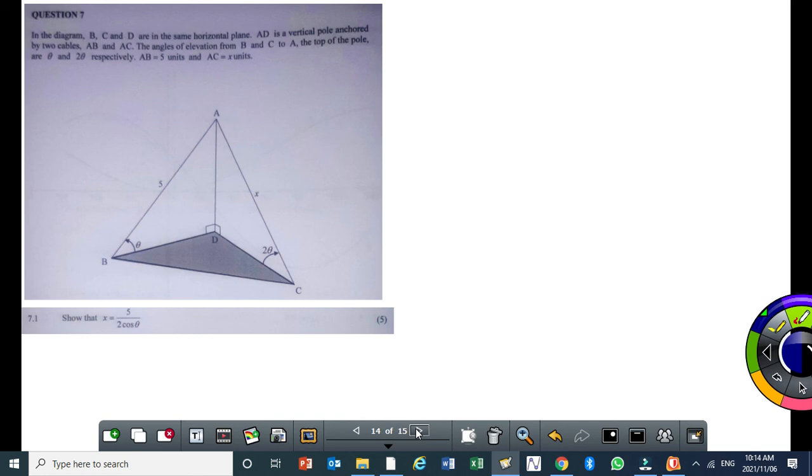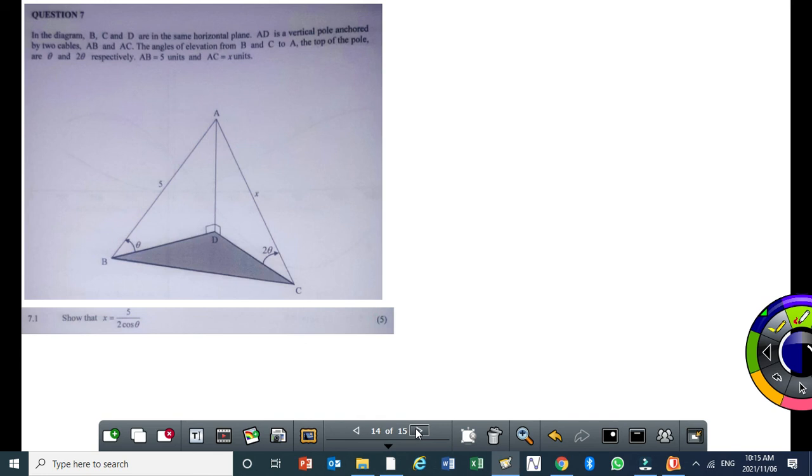Right? So the question was saying, show that x is equal to 5 divided by 2 cos theta. Now, can you pay attention please, you're supposed to determine the length of AD in terms of x. Are you following what I just said?